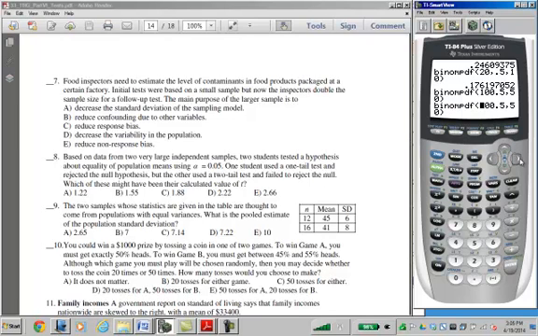Okay, so second, insert comma. All right. Okay, now it's really low. It's 8%.